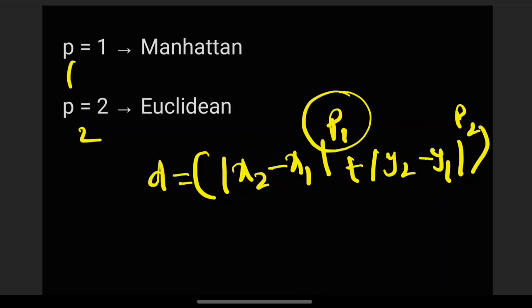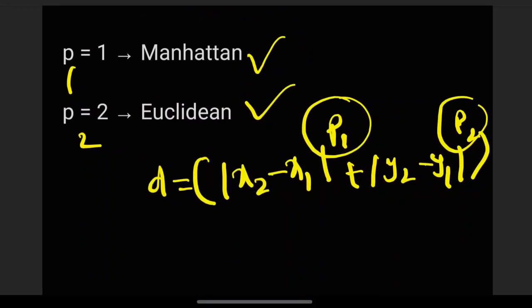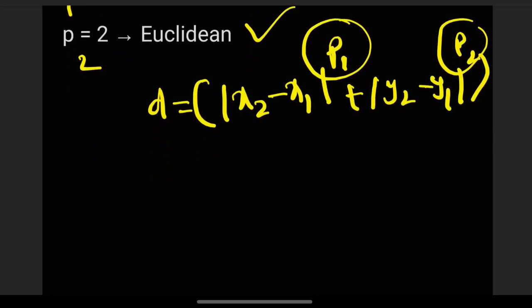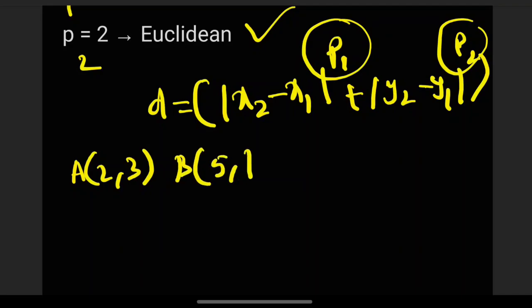Okay, so P equal to 1 is nothing but Manhattan distance, P equal to 2 is nothing but Euclidean distance. So in this same example, for example, I will calculate here. Same example again I am going through, A 2, 3 and B 5, 7.